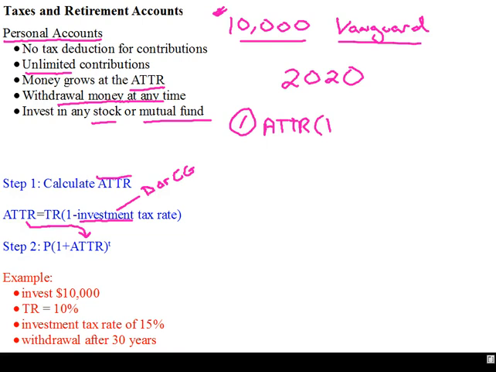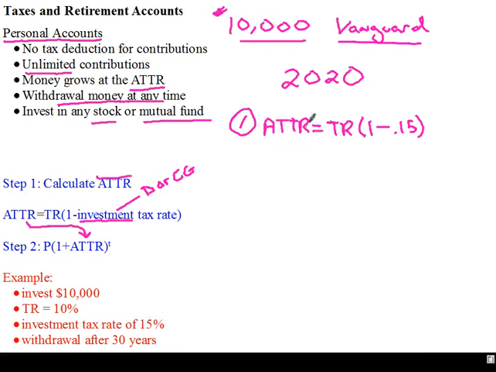I just made a mistake here. The after-tax total return equals the total return... there we go, now we got it right. It is equal to the total return times 1 minus the investment tax rate, which was 0.15. That's your 15% investment tax rate on your capital gains and dividends.